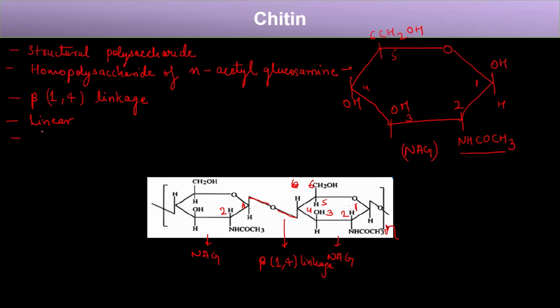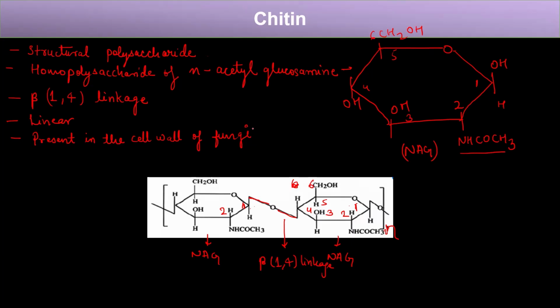Now, where is chitin present? It is present in the cell wall of fungi, as a component of the fungal cell wall.